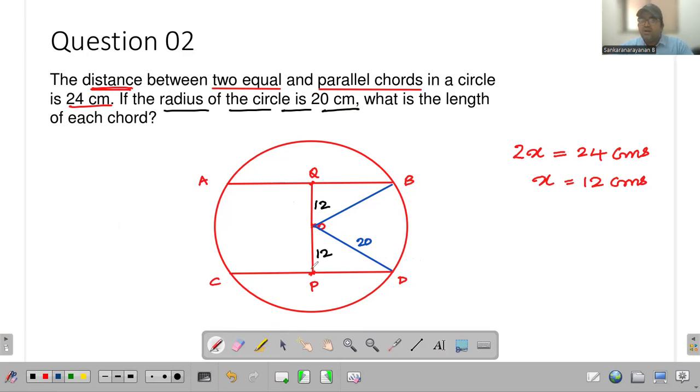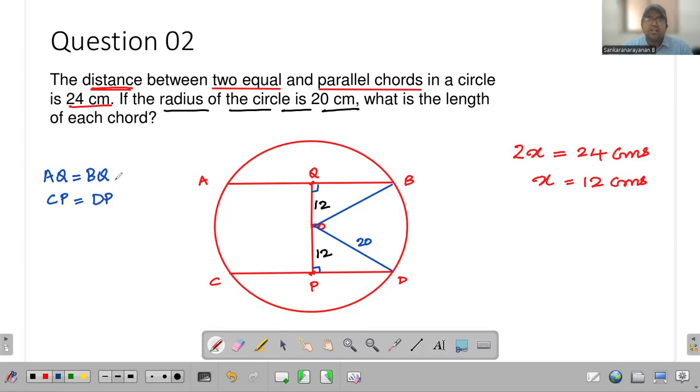Now, we can see that the perpendicular dropped from the center of the circle to the chord will bisect the chord. So this helps us to infer that AQ is equal to BQ. Since the two chords are parallel to each other, CP will be equal to DP.